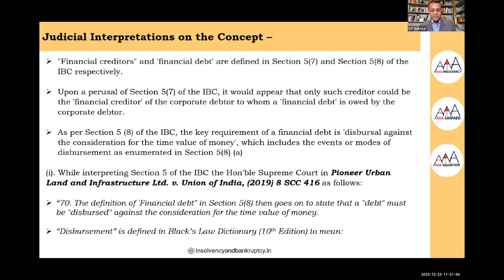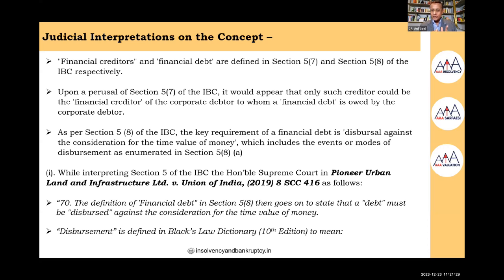So in the case that we are discussing, no disbursement has been made to the corporate debtor. Therefore, it is not fulfilling the requirement of Section 5, subsection 8 regarding disbursement for the time value of money. So there are two things missing: disbursement to the corporate debtor, and second, time value of money.